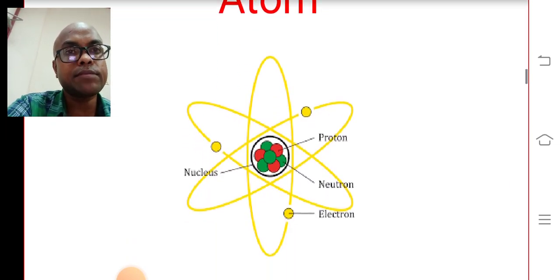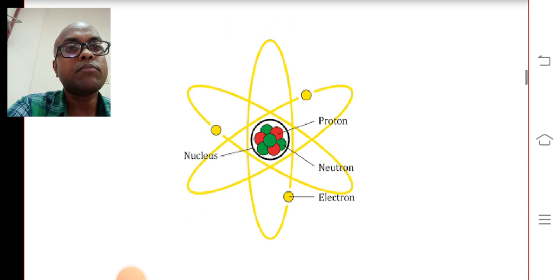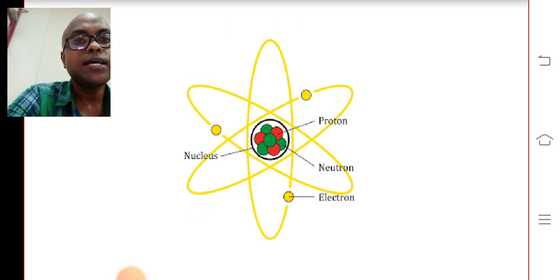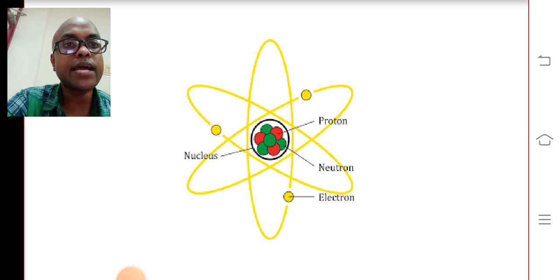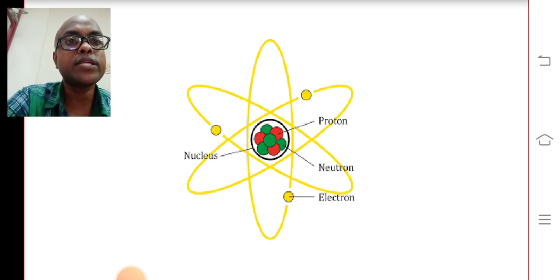Next one is the atom structure. This is the morphological structure of atoms. The center is the nucleus, having two parts combined: one is the proton and the other is the neutron. The protons and neutrons combined are called the nucleus.